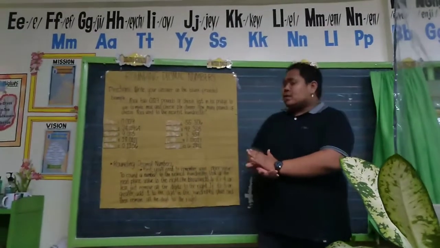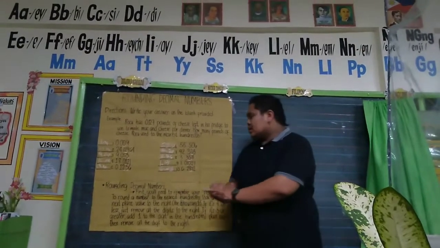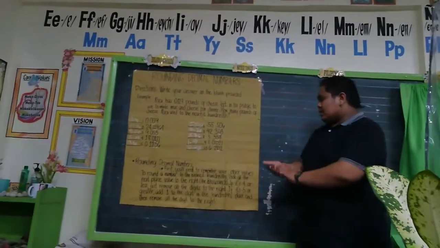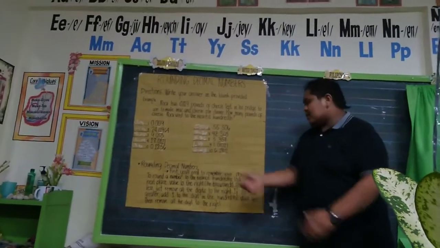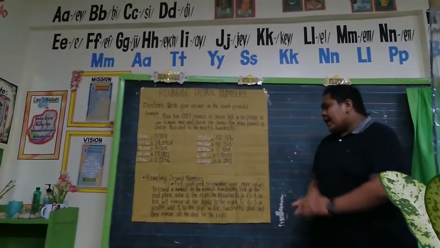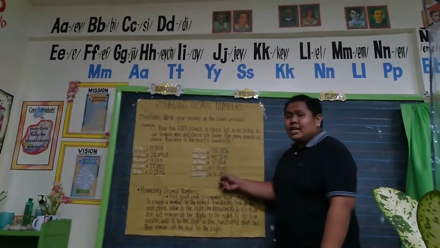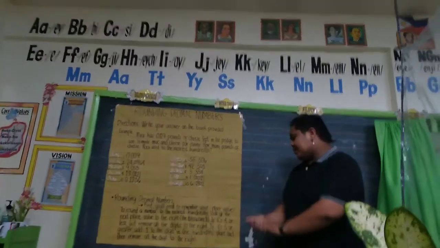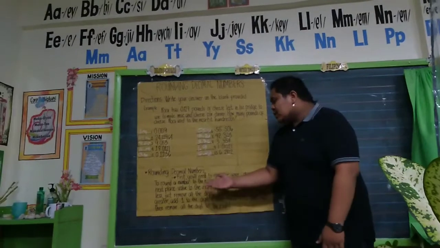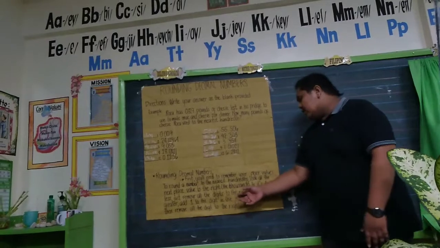Now, let us proceed to our topic, which is rounding decimal numbers. First, you need to remember your place values, especially the hundredths. To round a number to the nearest hundredths, look at the next place value to the right, which is the thousandths. If it is 4 or less, just drop all the digits to the right.